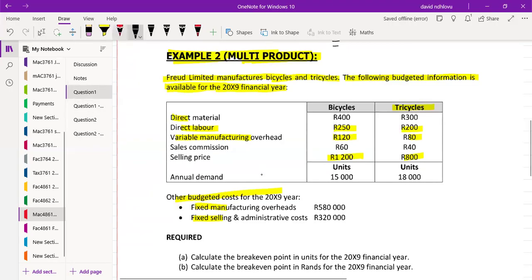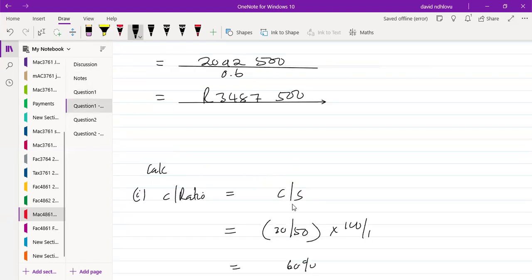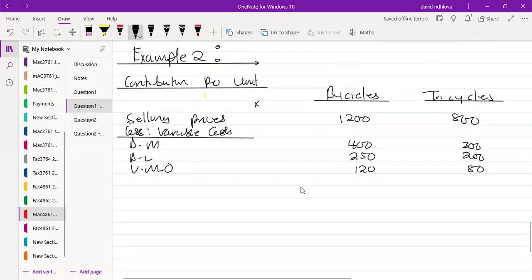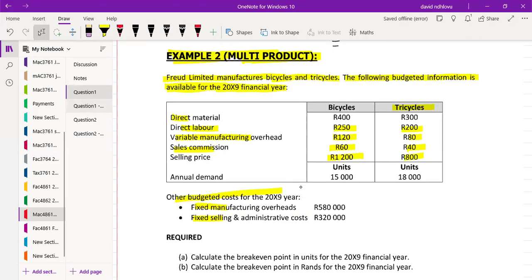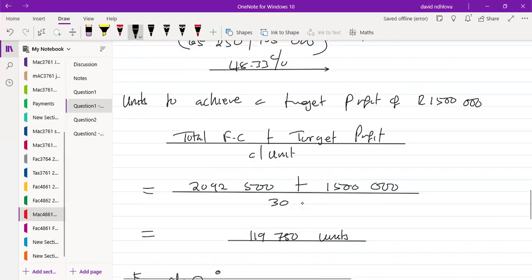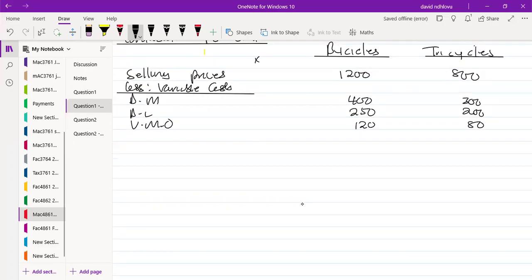Then we have the sales commission. Sales commission is a variable cost, remember you are rewarded for each unit that you sell. So therefore we have 60 and 40 there.